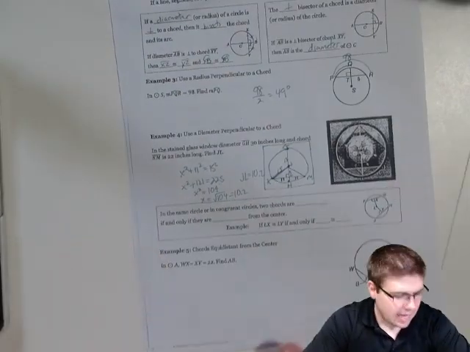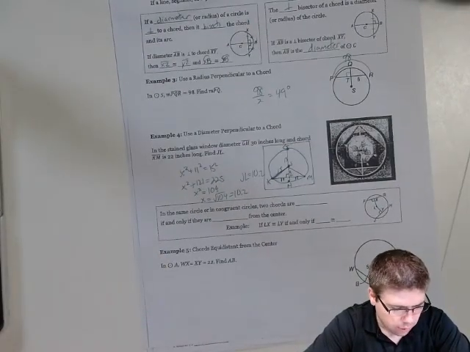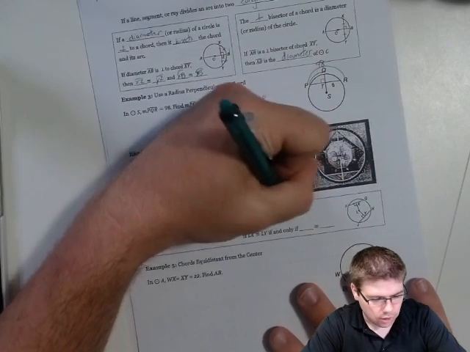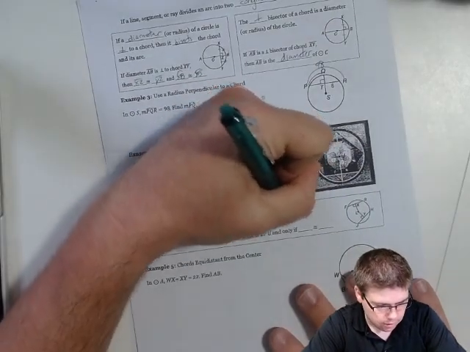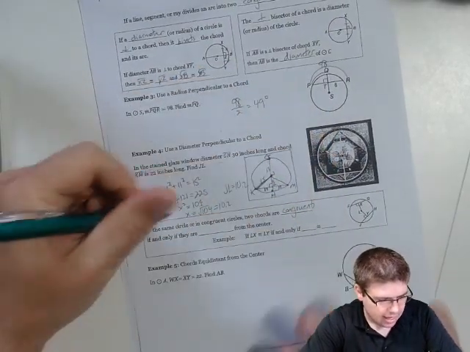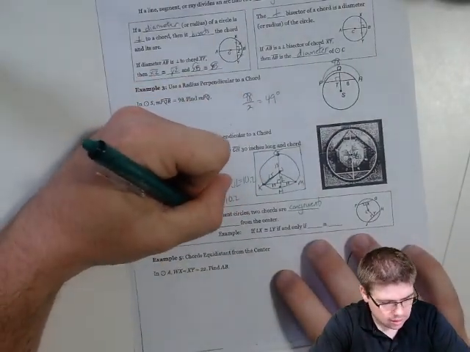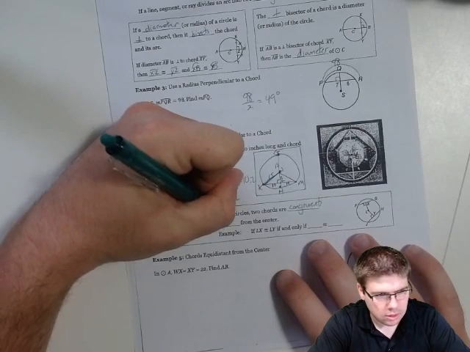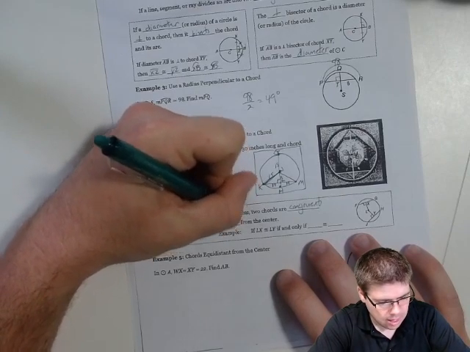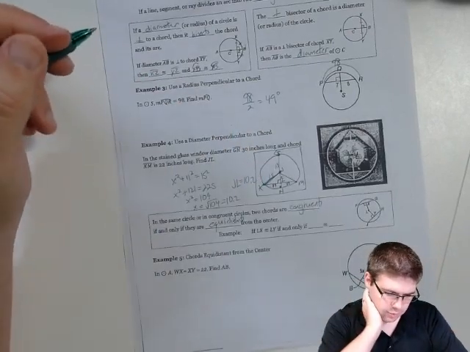All right, so in the same circle or in congruent circles, two chords are congruent if and only if they are equidistant from the center. So this is kind of interesting.